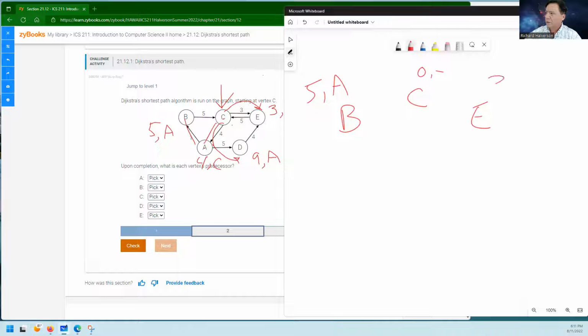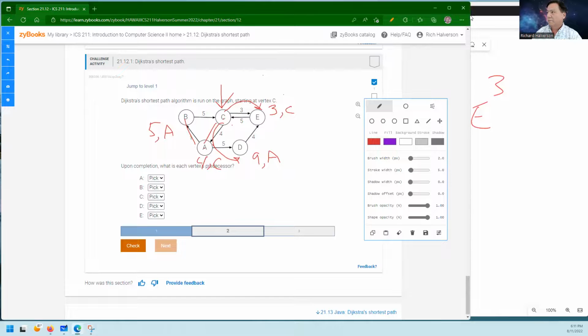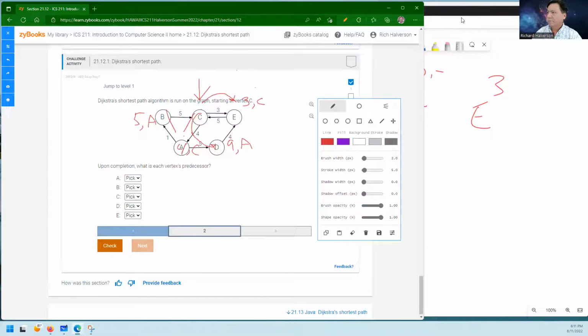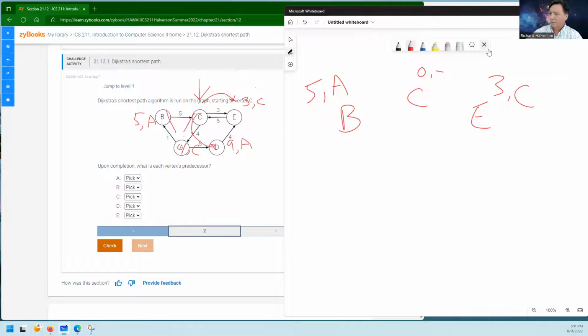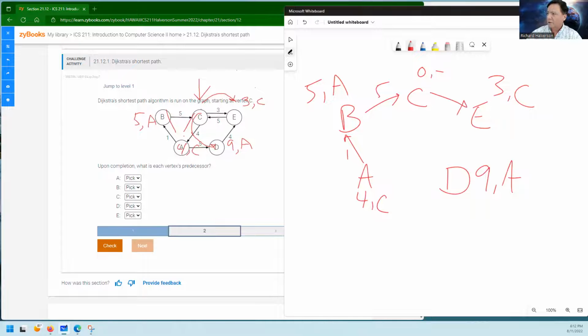E is 3, comma C. D is 9, comma A, and A is 4, comma C, and I should put circles around these things.